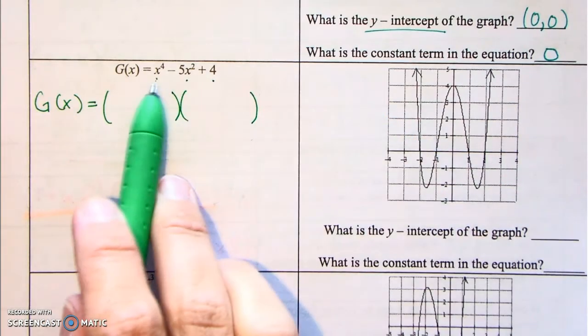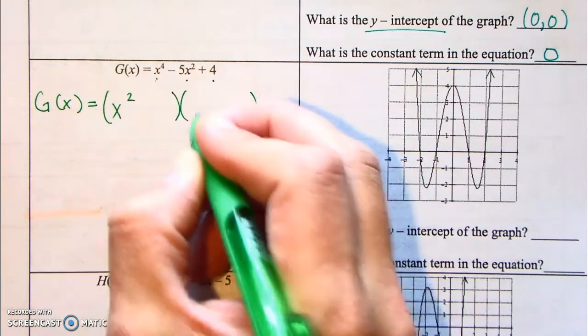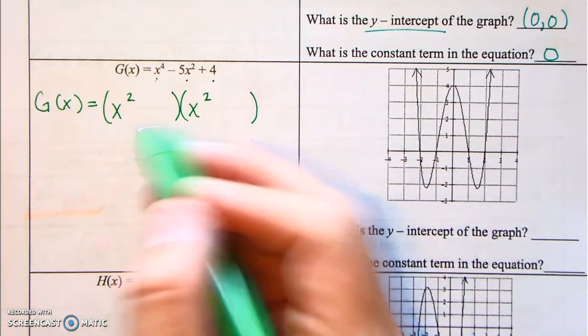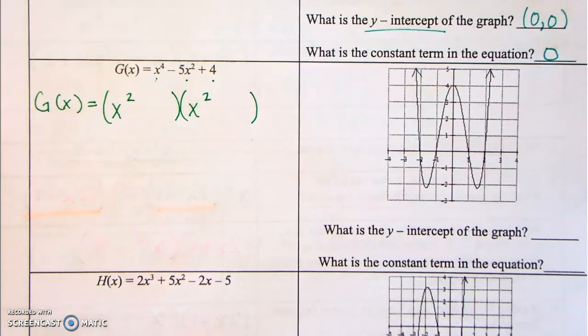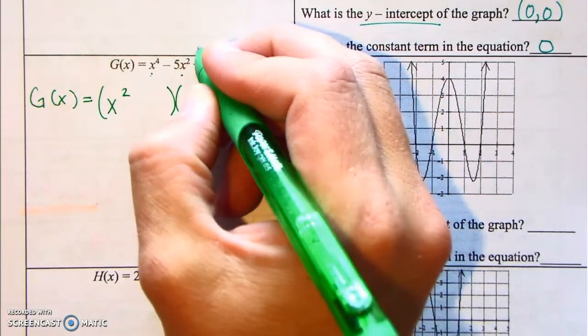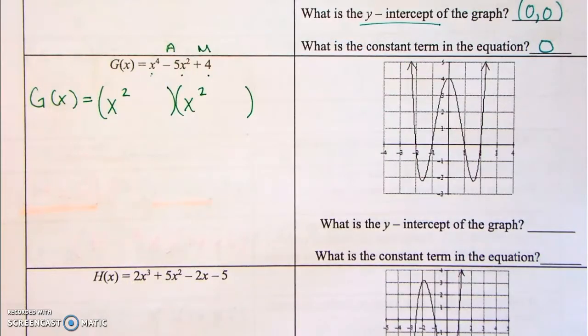Now, what multiplies to get x to the 4? X squared times x squared. And if you go, could it be x and x cubed? It could, but then that wouldn't add up to an x squared in the middle. Do you see that? Okay. What multiplies to get positive 4, but adds to get a negative 5?